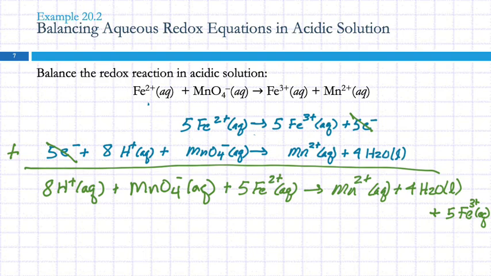Mass is balanced, and then for charge, I have +8 minus 1, so that's +7. Plus 10, right? So that's 17. And then over here, I have 2, and 5 times 3, 15, plus 2, 17 on both sides. Any questions?